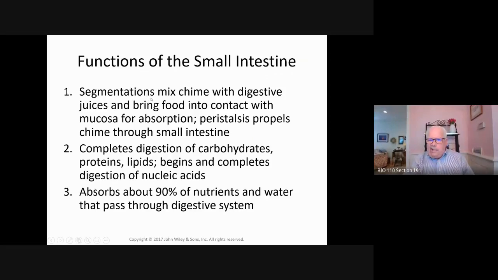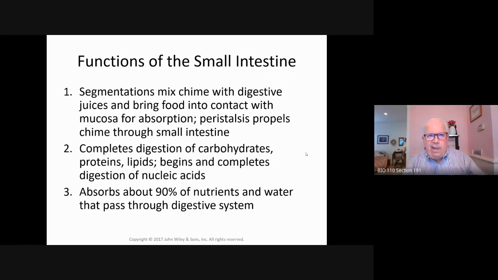These segmentations move the chyme with digestive juices and bring the food in contact with the mucosa for absorption. The act of moving food through the digestive tract is called peristalsis. So the movement of food is called peristalsis.